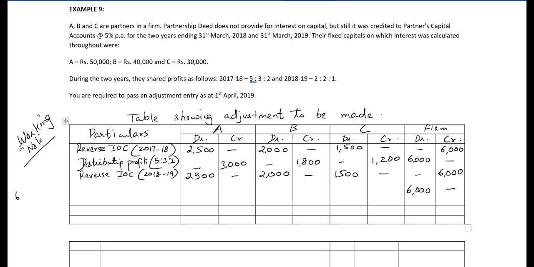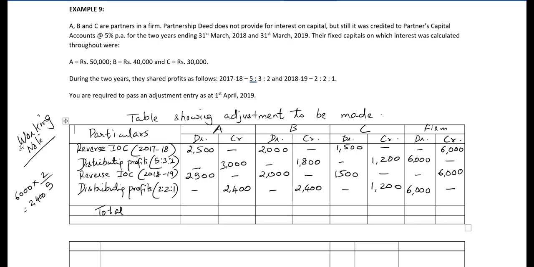On dividing 6,000 into 2 by 5, I get 2,400. So I will credit the partners 2,400 for A, 2,400 for B, and 1,200 for C. And I will write here distributing profits, the ratio being 2:2:1.